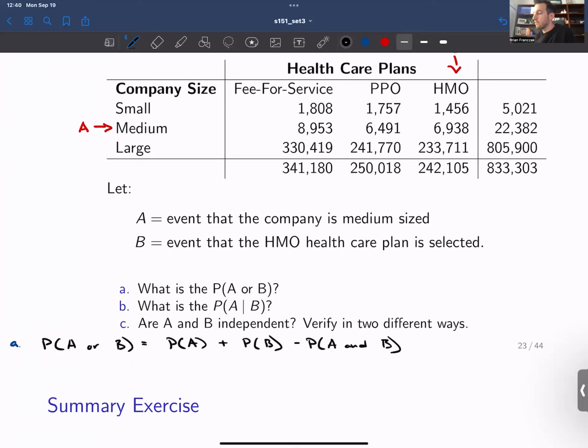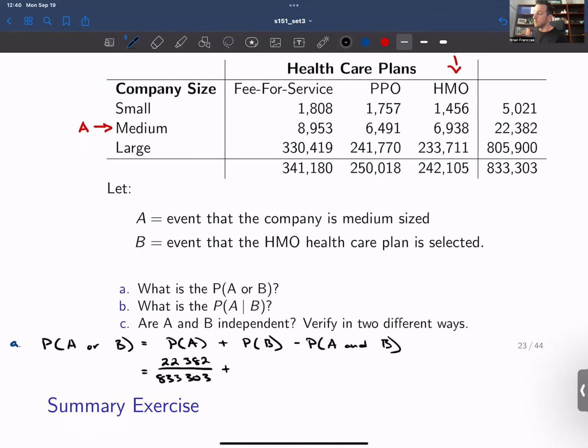A is asking, what is the probability that they work for a medium-sized company? Okay, so the probability that 1 out of 833,303 people work for a medium-sized company is 22,382 divided by 833,303.